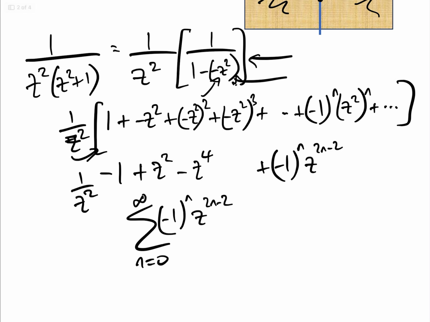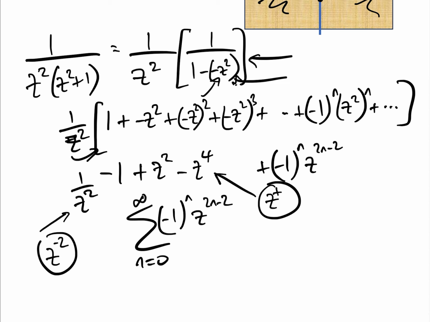And just to confirm, this is a Laurent series because it has a term in the form z to the minus 2. It also has terms in the form z to the plus whatever, which is the Taylor part of it. But as it has terms in the form z to the minus, then it is called a Laurent series.